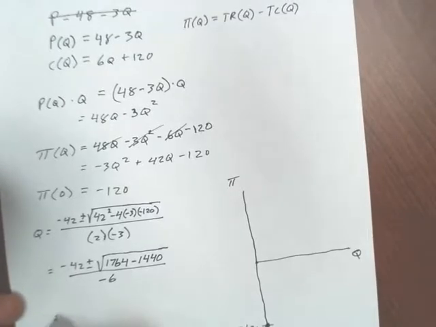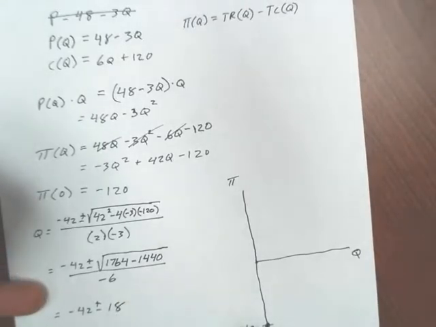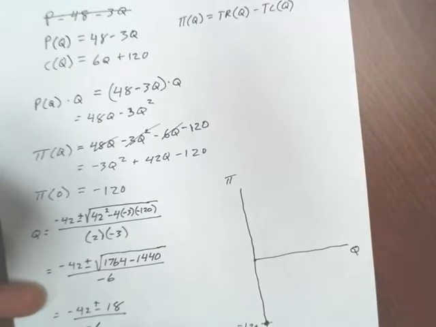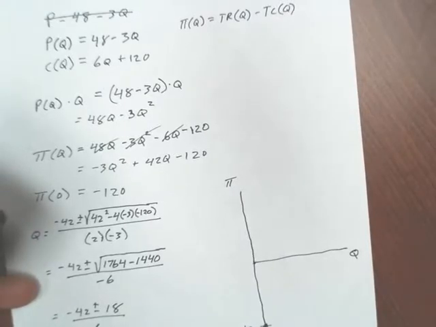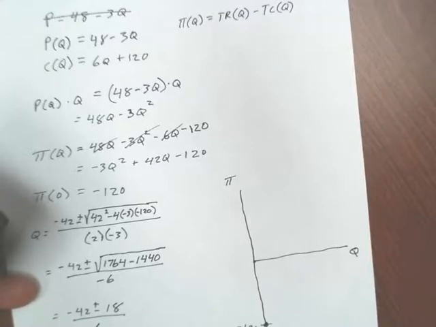So this equals negative 42 plus or minus the square root of 1764 minus 1440, which equals 324. The square root is 18, divided by negative 6.